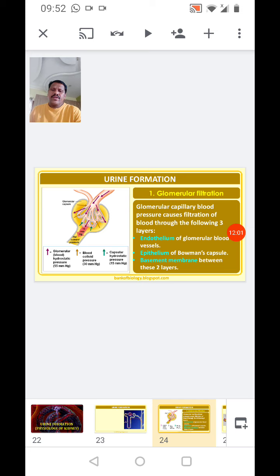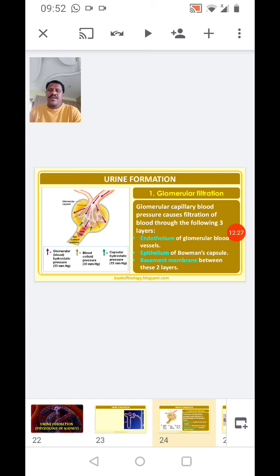While this primary urine passes through the PCT, loop of Henle, DCT and collecting tubule, 99% of the contents present in the primary urine are reabsorbed.